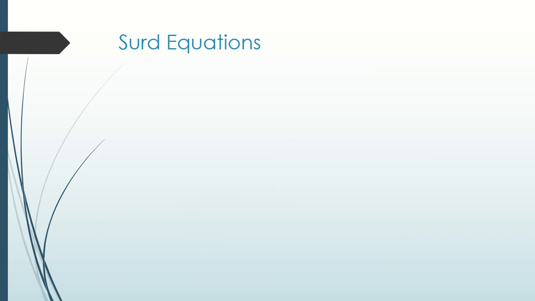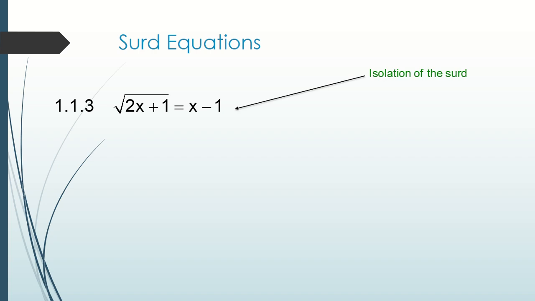The third question is a surd equation, 1.1.3. When you have a surd equation, your first step is to ensure that you have isolated the surd. That means the term with the square root must be on its own side.